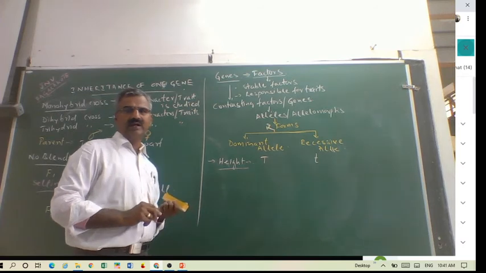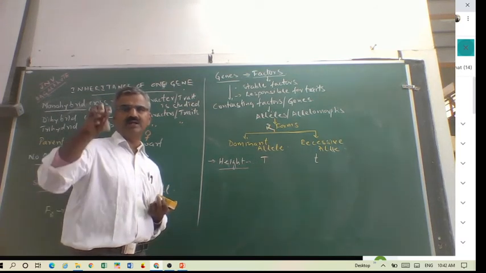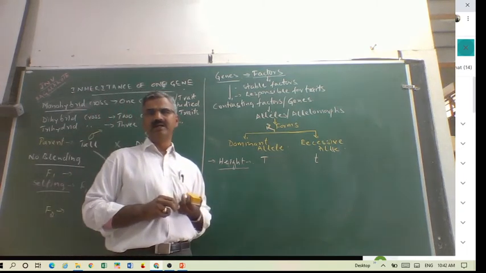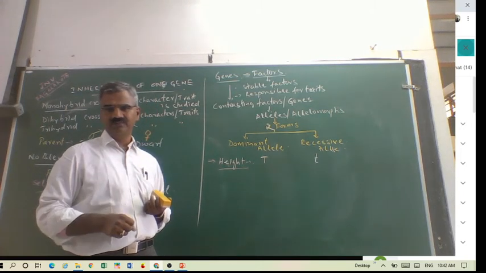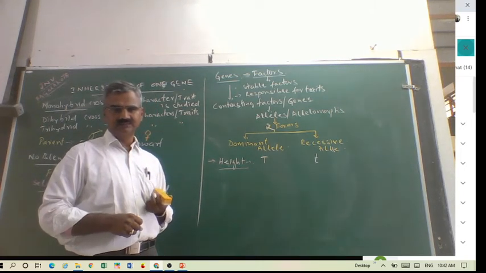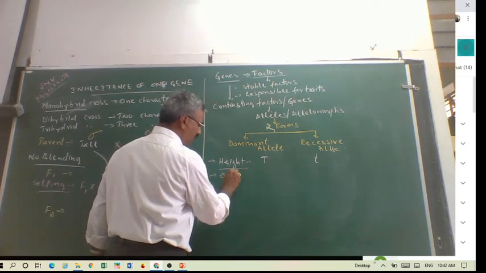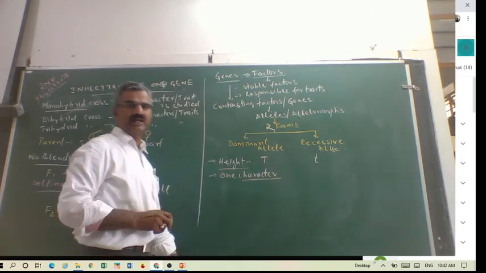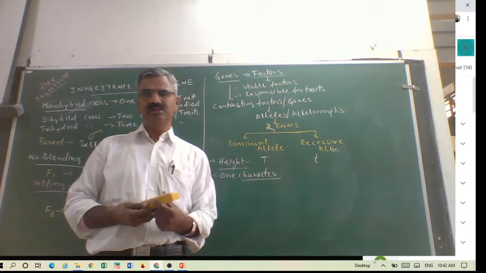And for a character, how many genes, how many alleles should be there? How many alleles are controlling one character in an individual? Anybody any idea? No idea. One character. How many alleles will be there in our body, in our cells?